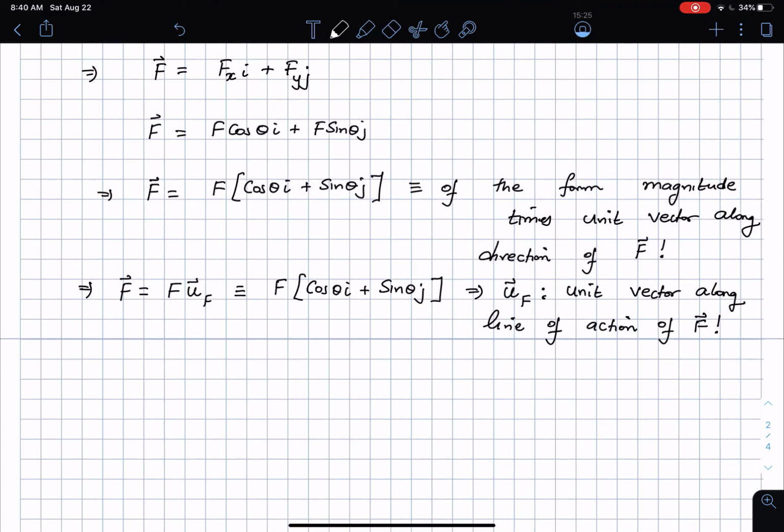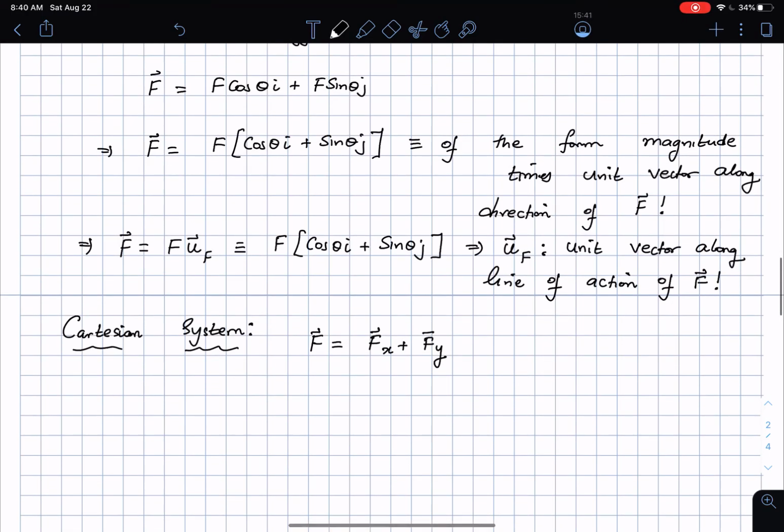So in the Cartesian system, if I look at vector f as fx and fy, then it is quite obvious to see that the magnitude of f, which is capital F, is going to be the square root of the sum of the squares of the magnitudes of fx and fy.